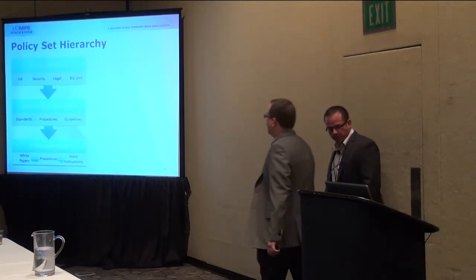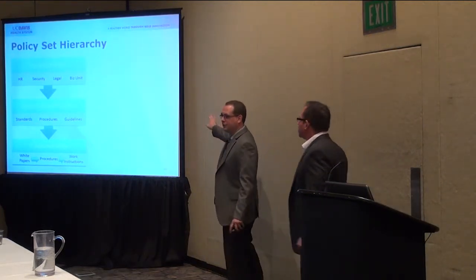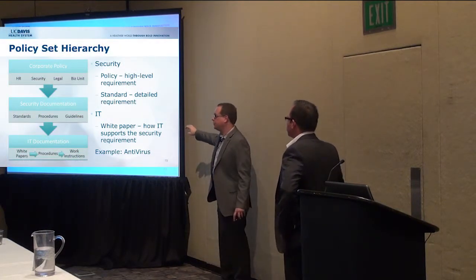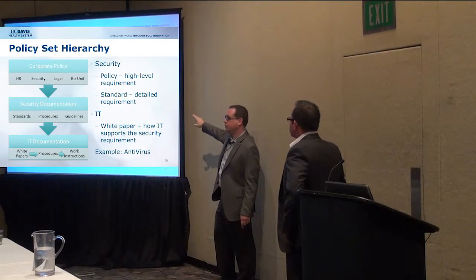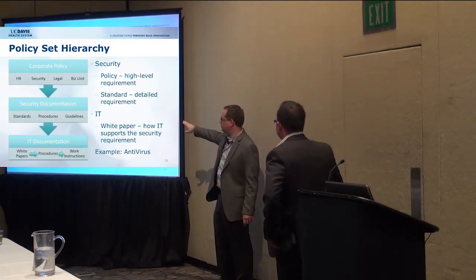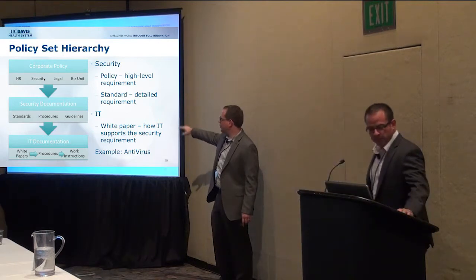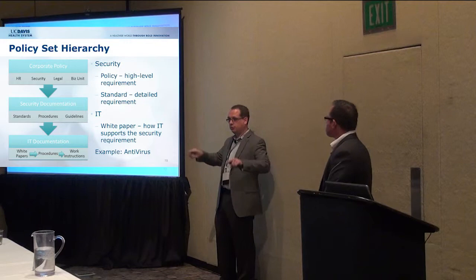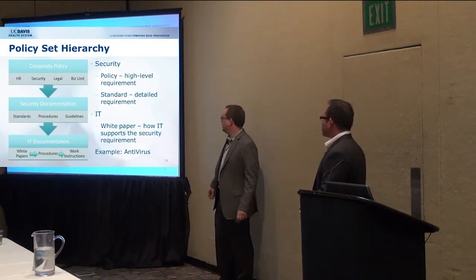Okay. Now, when we were putting together the presentation, I thought this was one of the best slides. As Sean mentioned, you have your corporate policy from all your line of business units. That's pretty much the driver. And out of that, you get your security documentation. Remember the center circle on the last slide.